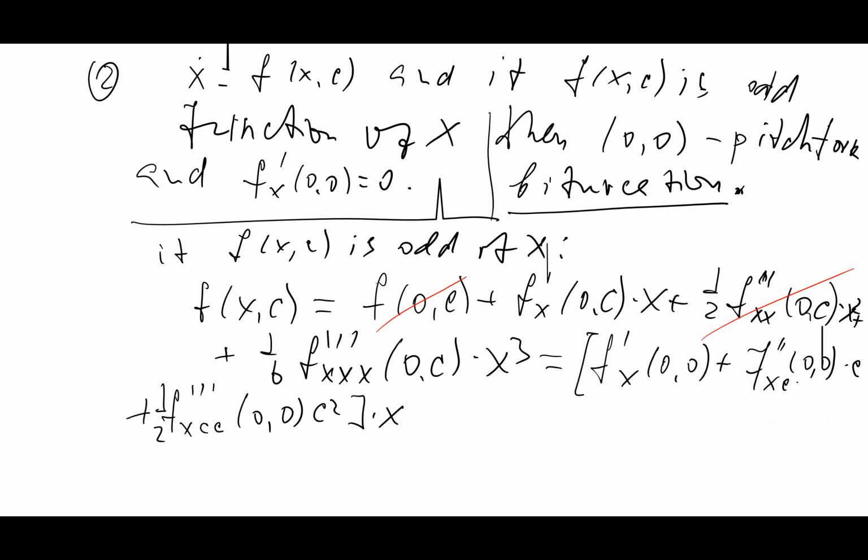This way we get a third order approximation. We have all terms up to third order, and here one extra term of third order, the third derivative at 0, c times x cubed.